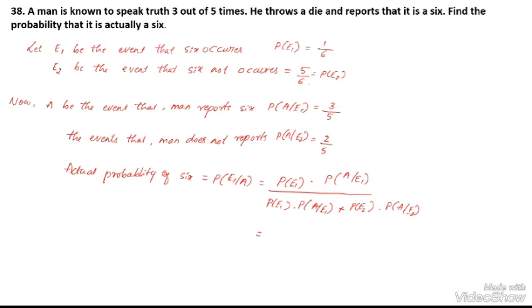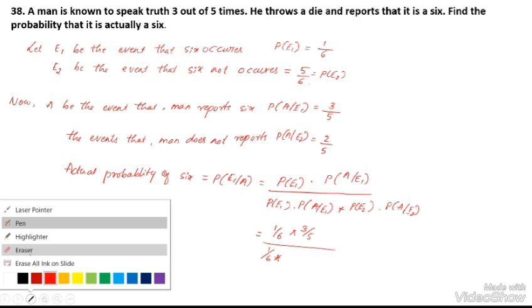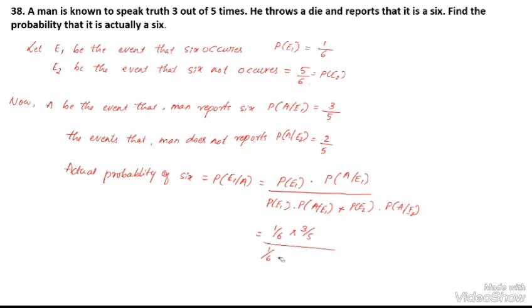So substitute all the values. The probability of E1 is 1 by 6, into probability of A given E1, which is 3 by 5, plus probability of E2, 5 by 6, into 2 by 5.